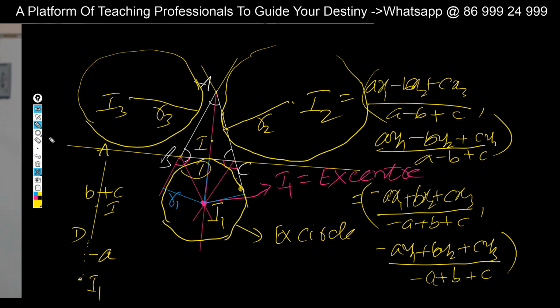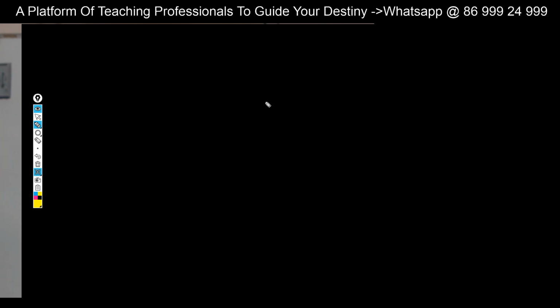Now, if you join all the excenters, this is I1, let me say. This is I2. This is I3.